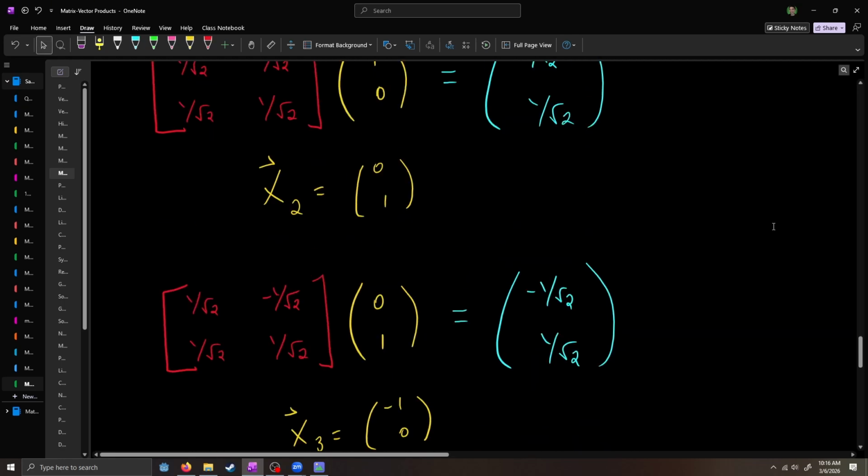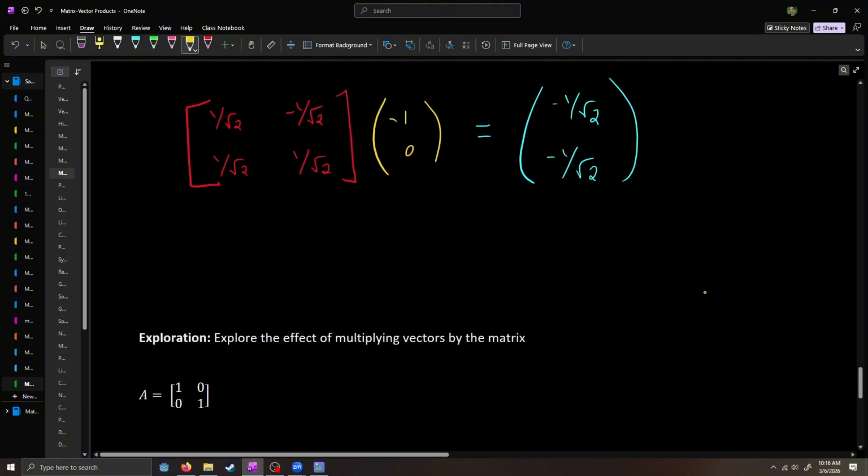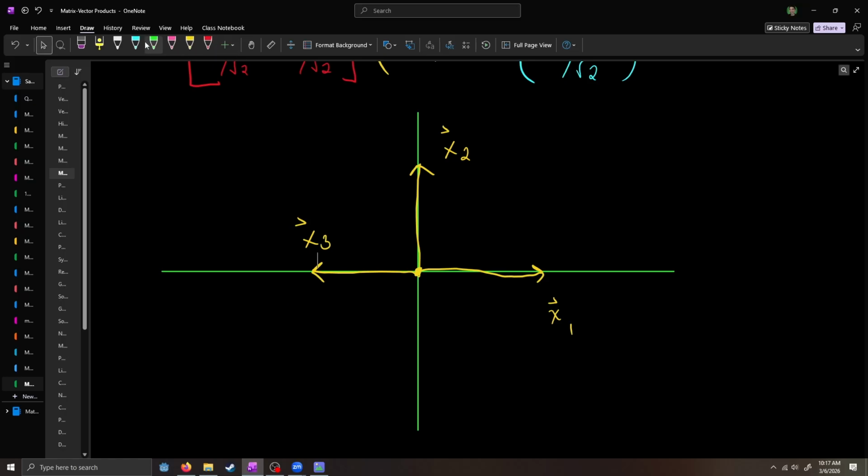So let's go ahead and graph these experimental vectors and the results, what we got after applying the matrix A to these vectors. Here's the vector x1, which started out pointing just 1 unit in the positive x direction. Here's the vector x2, which started out pointing 1 unit in the positive y direction. And here's the experimental vector x3, which started out pointing 1 unit in the negative x direction.